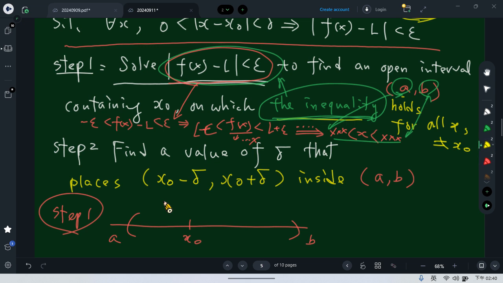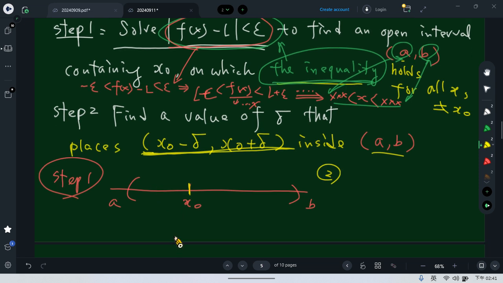The second step, you need to find a delta to place this one into AB. One delta is more than enough. Then using S0 as a center, you can put S0 minus delta to S0 plus delta. This interval can 100% fall into AB.